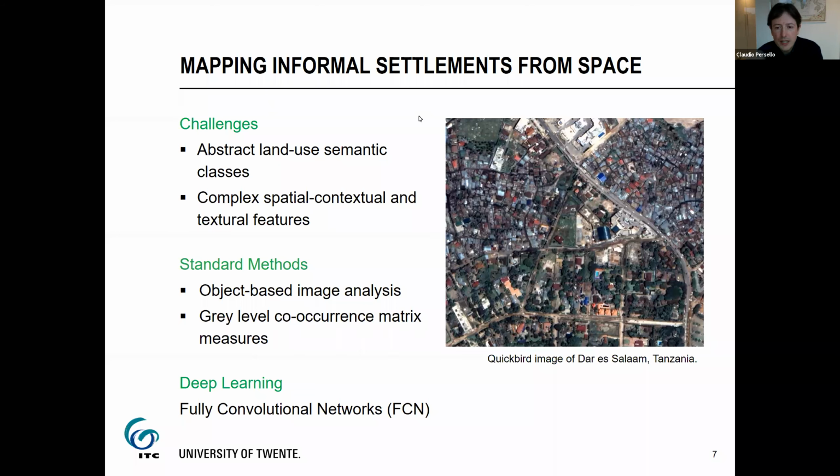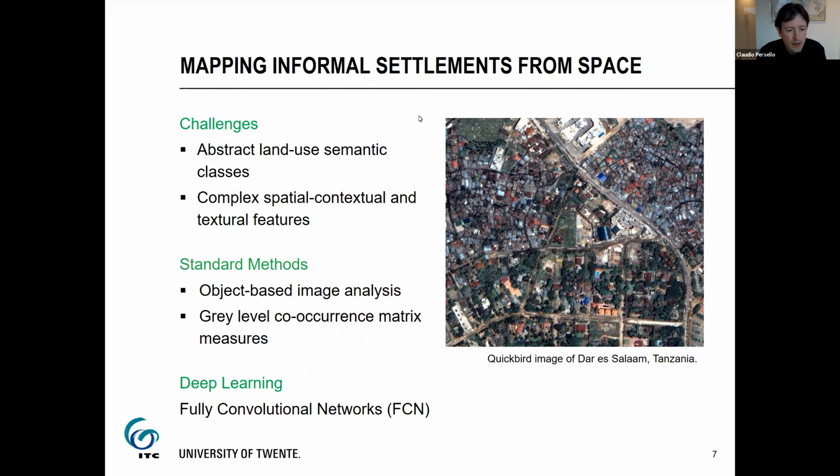But all these are spatial contextual properties that are not related to the spectral signature of the signal. So really, it's important to extract and possibly learn these spatial contextual features. And here is where deep learning can provide a major advantage with respect to traditional machine learning techniques.